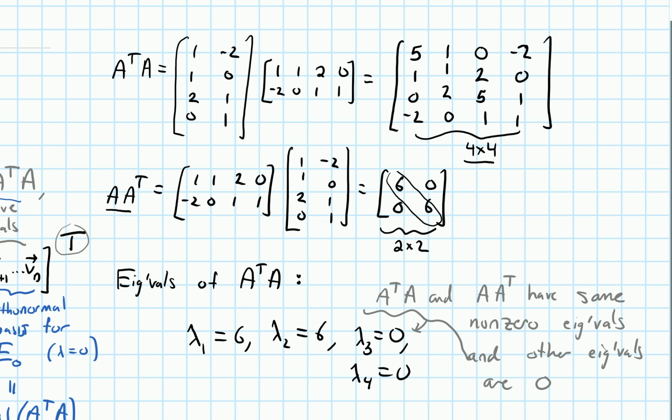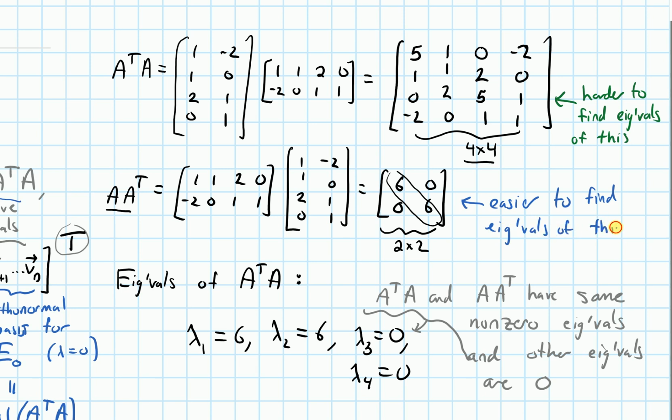It looks harder to find the eigenvalues of this matrix and easier to find the eigenvalues of this matrix. And our computational tool says it's totally fine to instead get the eigenvalues of A times A transpose if that's easier, because the non-zero eigenvalues are going to match up.